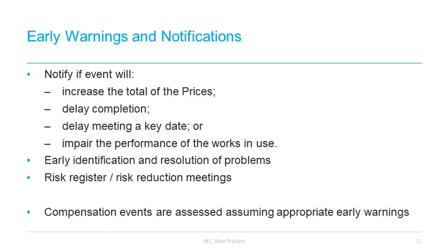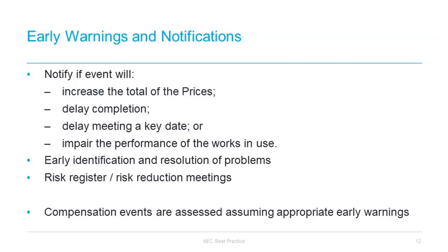If the employer does not give the contractor an early warning, it does not change how compensation events are dealt with. And so in that specific example, you would just have to look at that delaying event and seek a compensation event reflecting the fact that the employer was late in telling you. You would know at that point that there would be a bigger impact because they were late in telling you about it, so the detriment would be opposite.